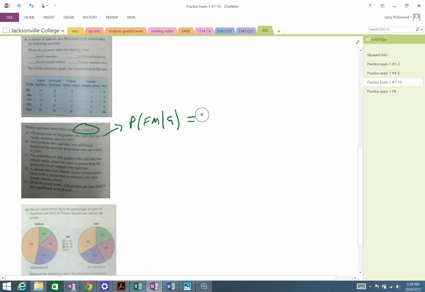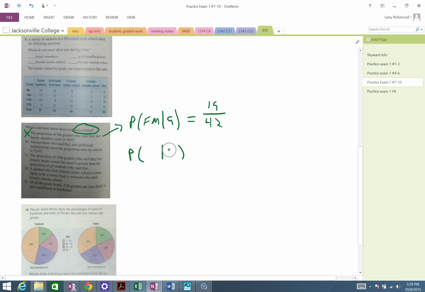The 9th grade here is 42. Of that group, 19. It's 19 out of 42. This 19 out of 57 is given you texted family members, what proportion was 9th grade? So A, no good.